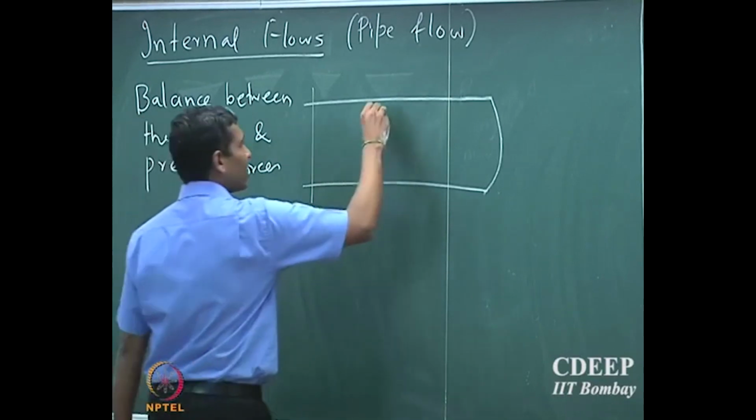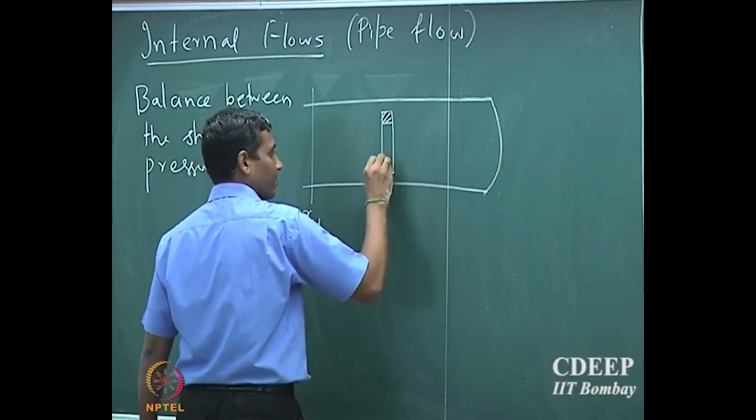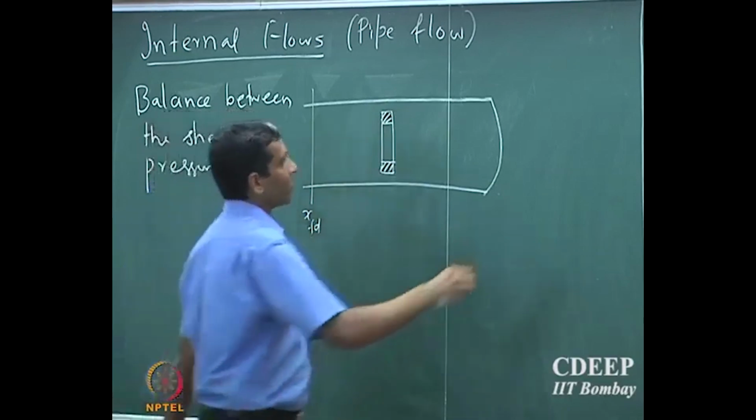So now if I take an annular shell, I will draw the cross section.